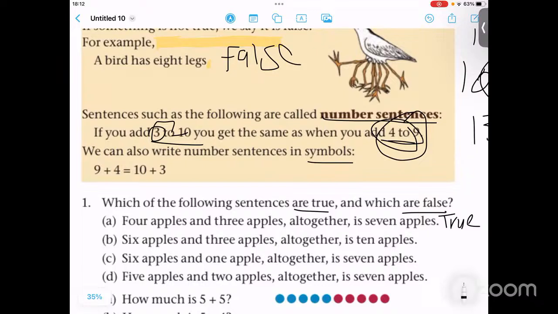So when you have 6 apples and then add 3 more apples, you count 6, 7, 8, 9. So you're going to have 9 apples, not 10 apples. This is why the statement is false, because you cannot get 10 apples.